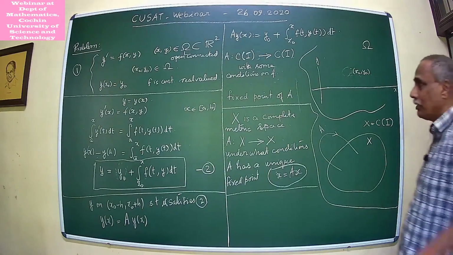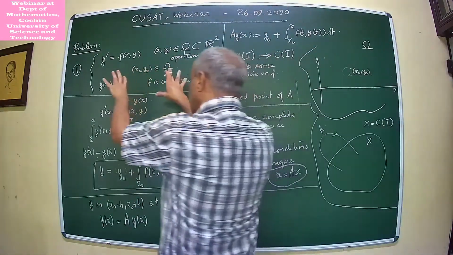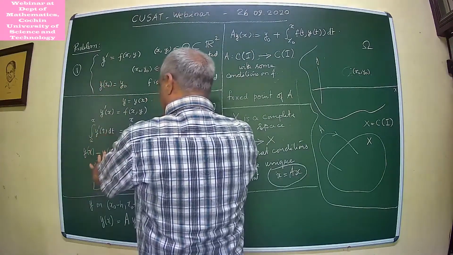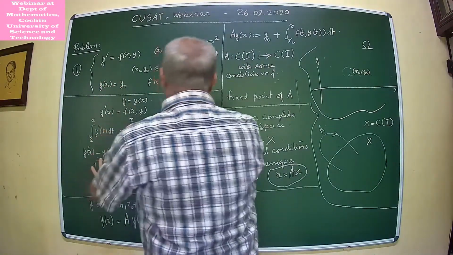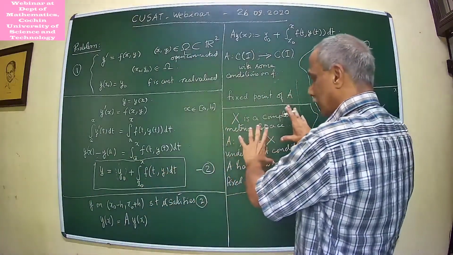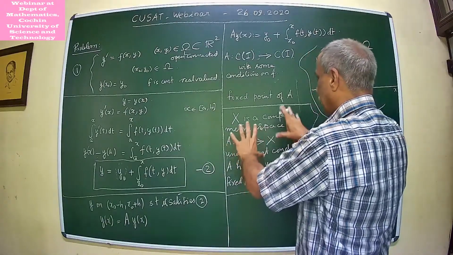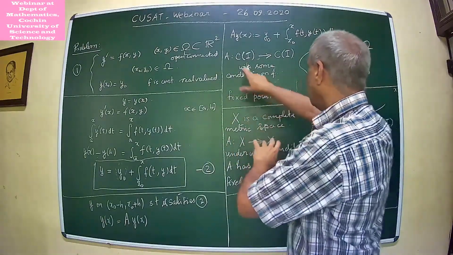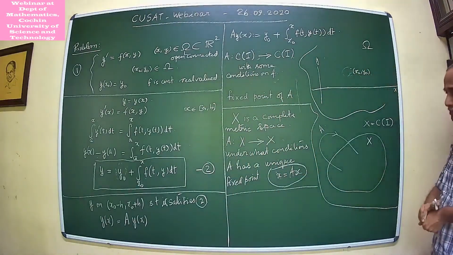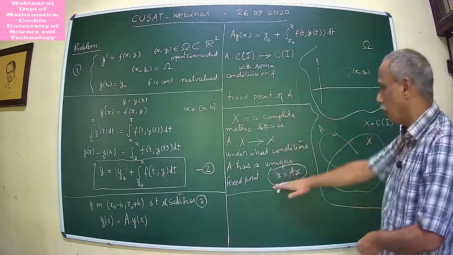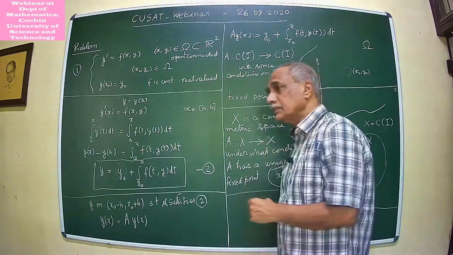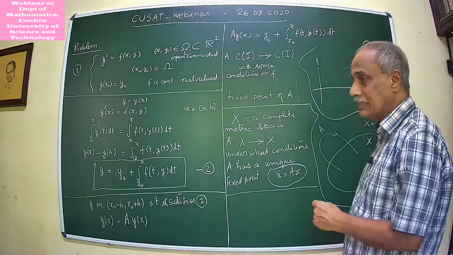Now you see, we have come from a very concrete problem, started with an initial value problem, converted into an equivalent integral equation. Then we discovered that it leads to what is called a fixed point problem on the class of functions C of I. Okay, so we look at the more abstract problem, and what the Banach fixed point theorem says is the following.